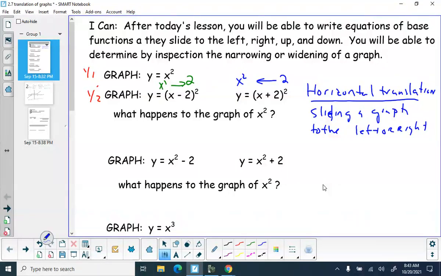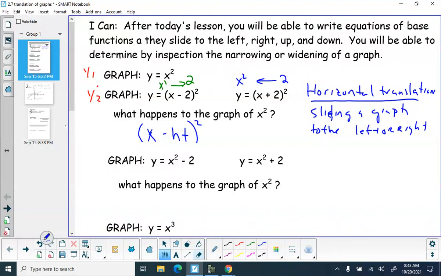So, when we have our base equation, we have our x squared minus our horizontal translation.